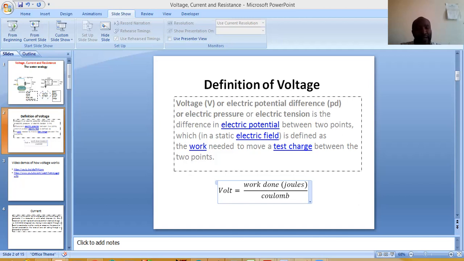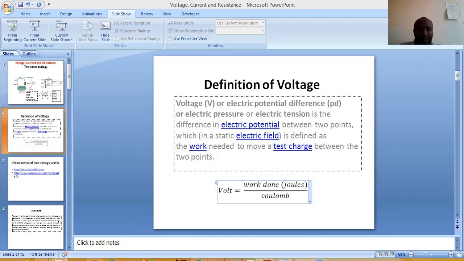And so you can define it as electrical potential between 2 points, or in other words, you can say it's work needed to move a test charge between 2 points. And therefore, mathematically, you can calculate that as work done in terms of joules over the amount of charges moved in terms of coulombs.